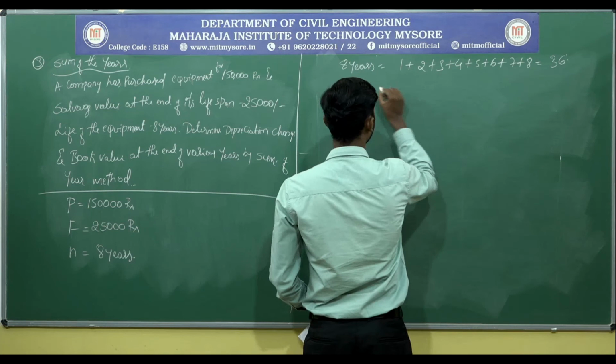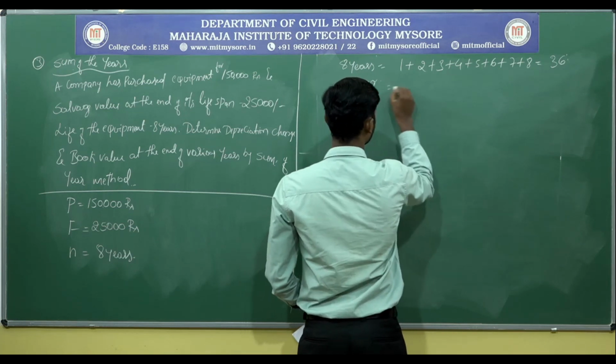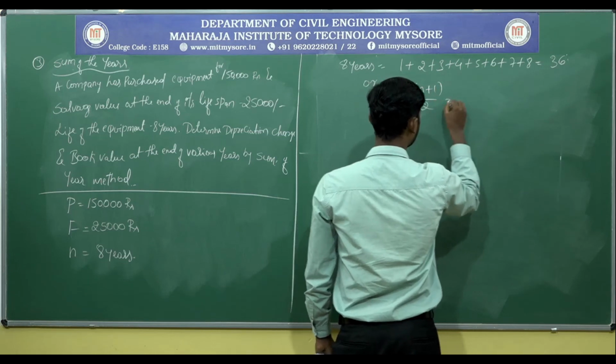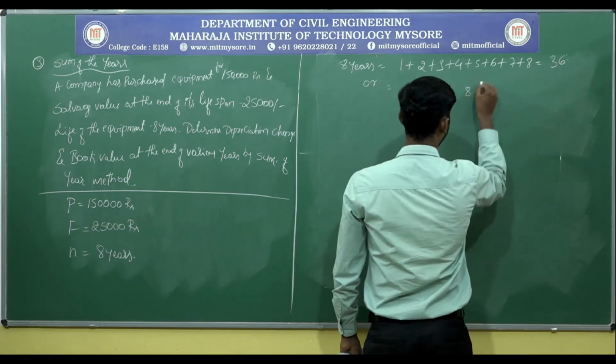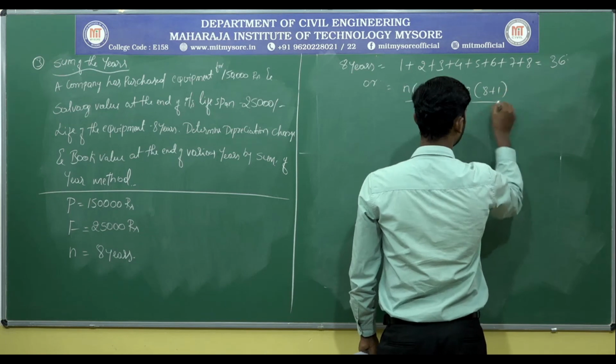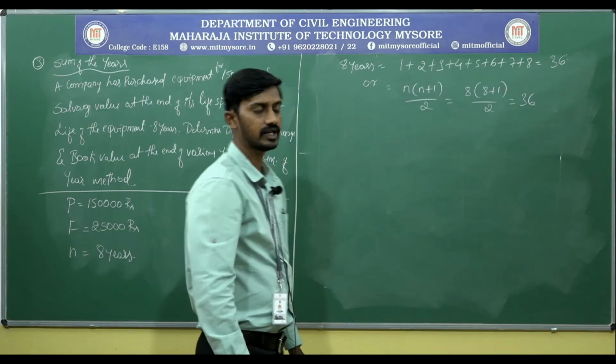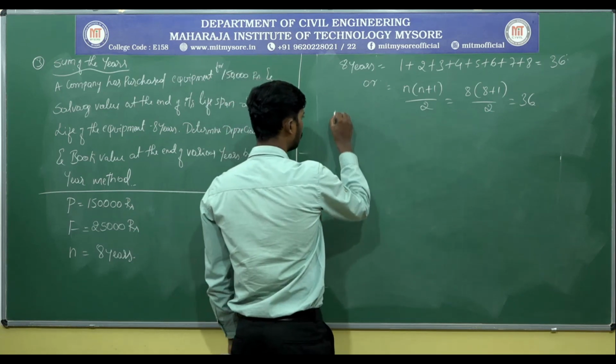Or we can also calculate n into n plus 1 by 2, 8 into 8 plus 1 by 2, which will give us 36.